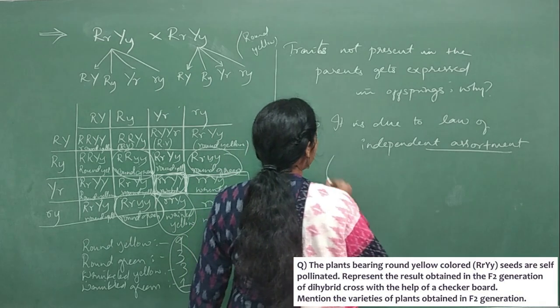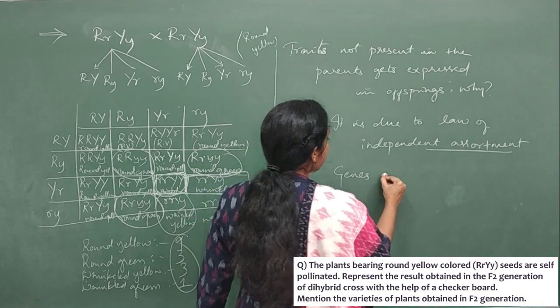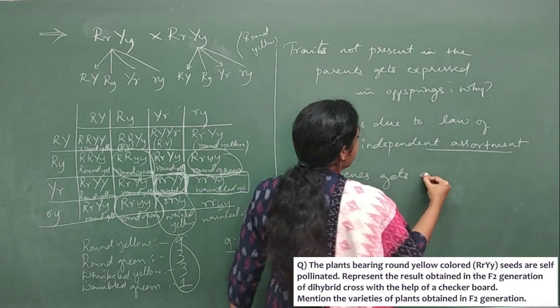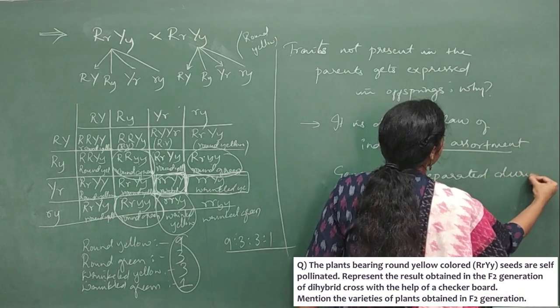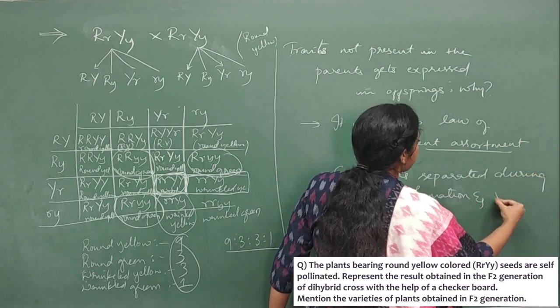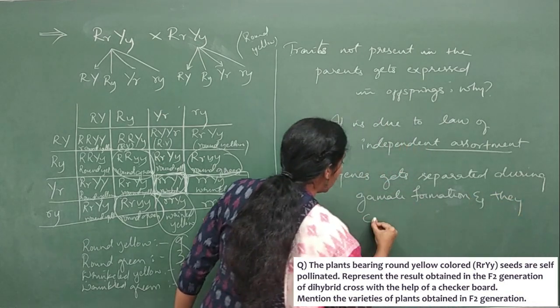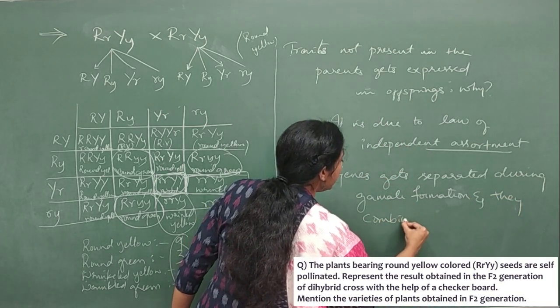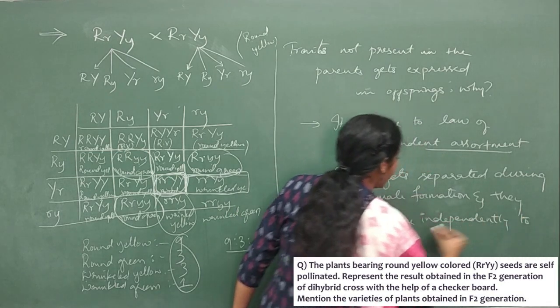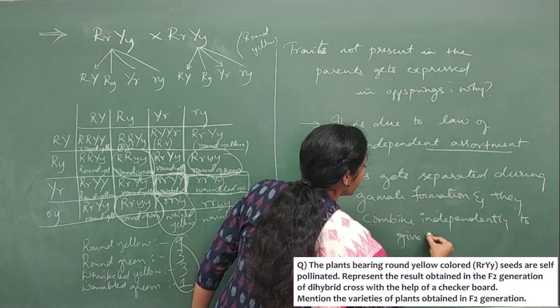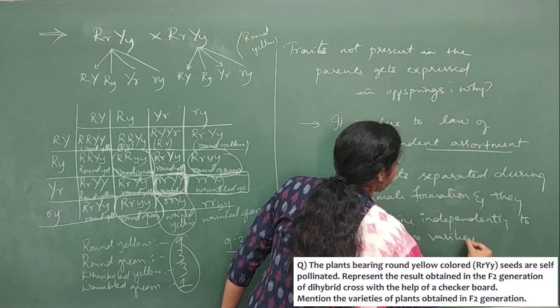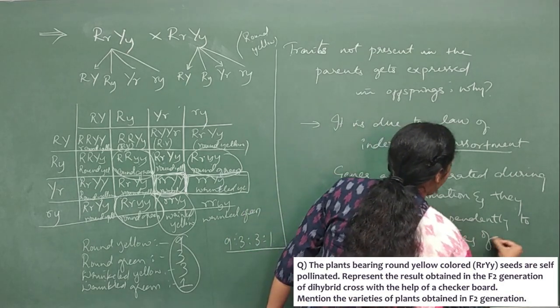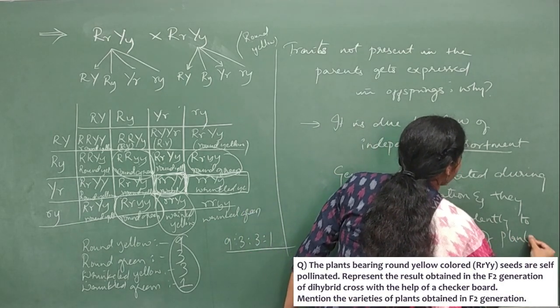This is what we mean by law of independent assortment. So what I can write here: genes get separated during gamete formation and they combine independently to give varieties of plants, right?